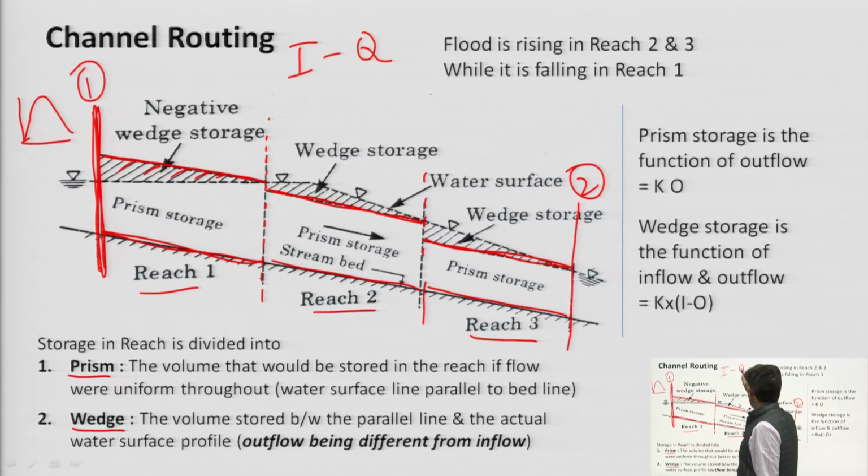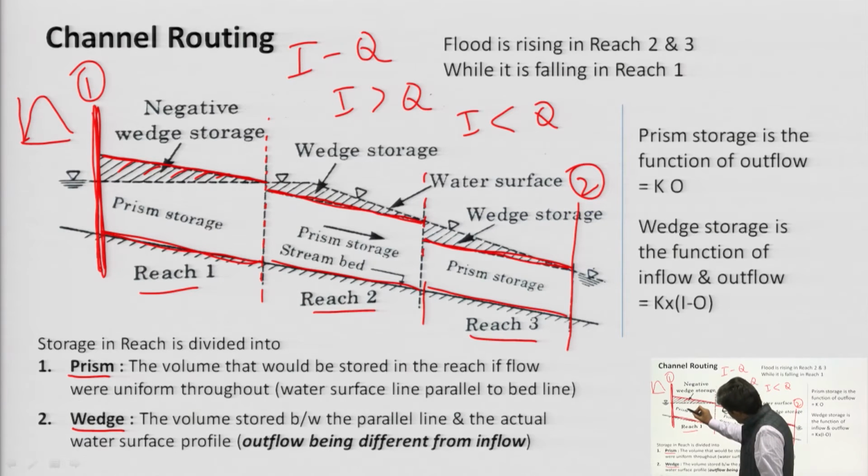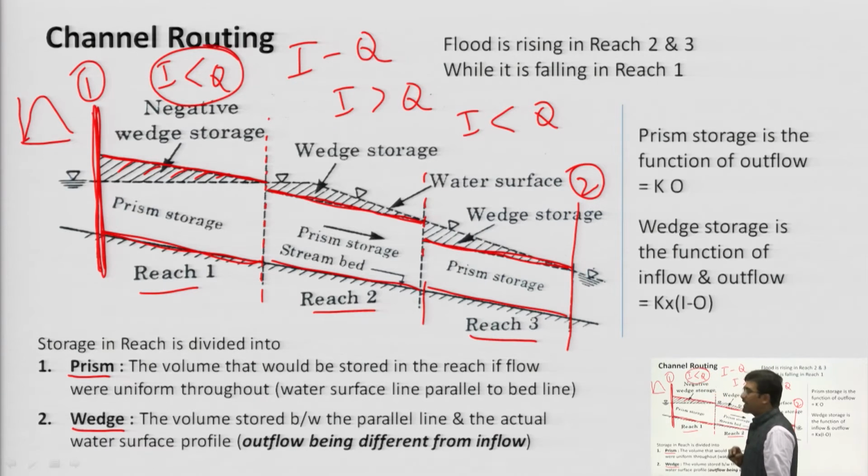If I is greater than Q, then storage will increase, and if I is less than Q, then storage will decrease, as in this case, where I is less than Q. So this is negative wedge storage. Here there is positive wedge storage.